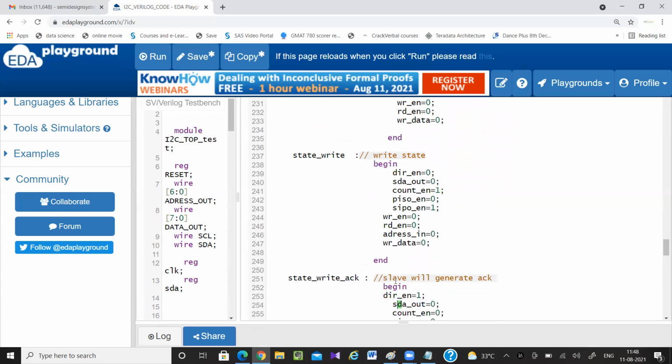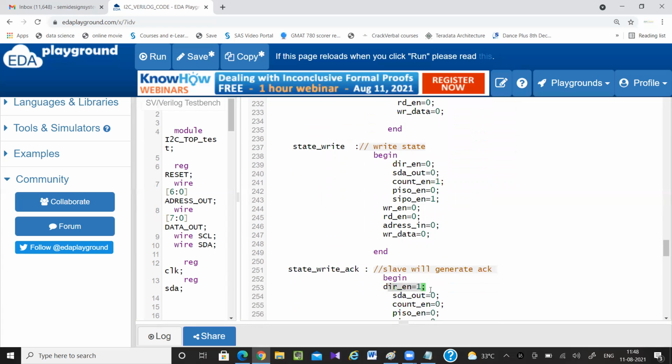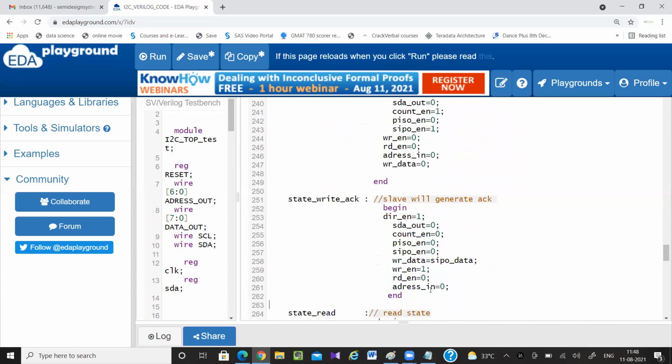Then in the write state, here direction enable is equal to 1. In this state, whatever data I'm getting from SIPO has already converted the serial data to parallel. So now I am storing this data in the write data register. In the address register I have stored the address, in the write data I have stored the write data.